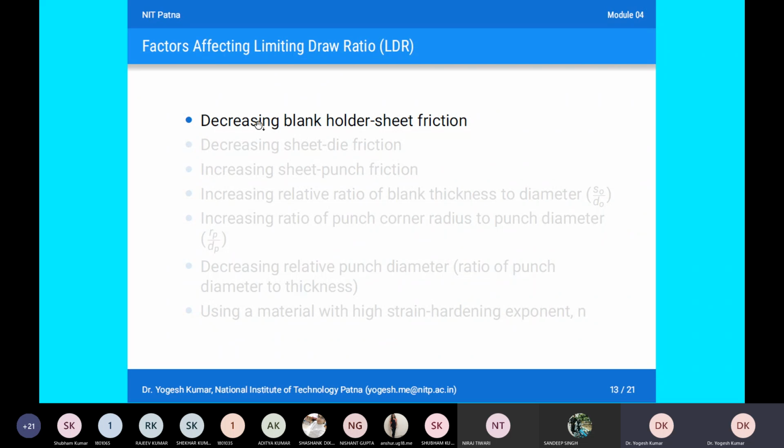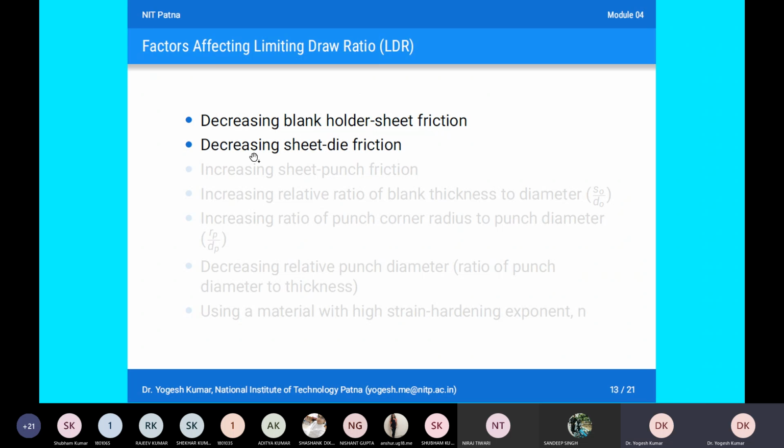First is by decreasing the blank holder and sheet friction. If the frictional force between your blank holder and sheet surface is less, then your draw ratio or drawability will increase.